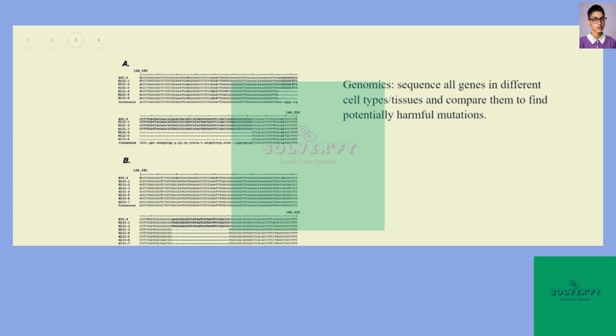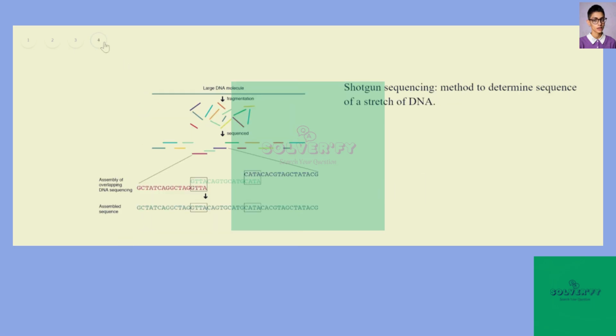Let's look at genomics. Genomics is a method to basically sequence all of the DNA in an organism or in an individual and essentially use that sequenced DNA to compare it to other tissues or organisms that we know are healthy or whose phenotype we know.